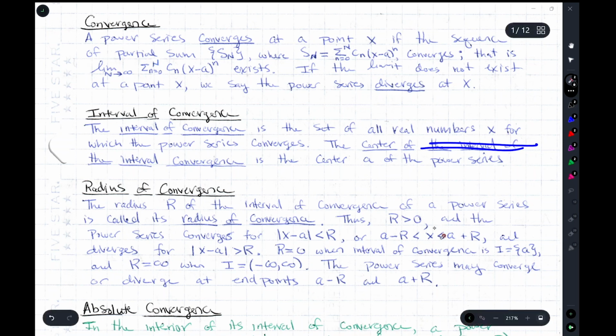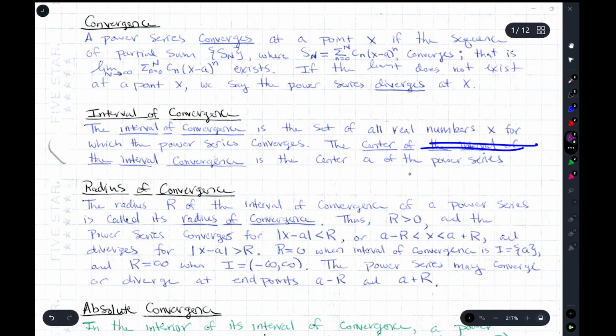Now, something to pay attention to, and the reason the interval of convergence is not exactly symmetric about the center, is that the power series may converge or diverge at the endpoints. Notice here, these were all strict inequalities. What happens at the points a minus r or a plus r? We have to probe that. You could get convergence at both of them, or divergence at both of them.